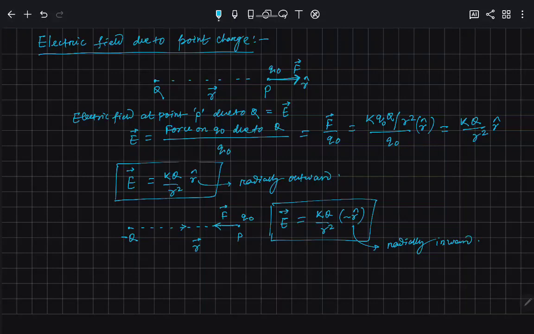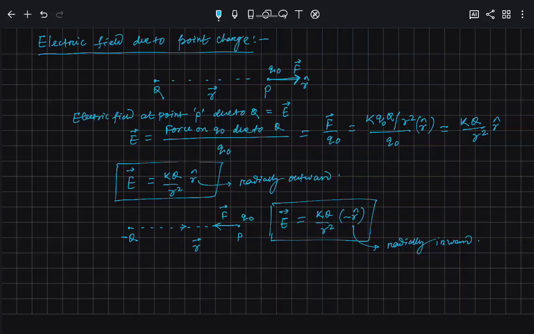So again I am repeating, the electric field due to point charge capital Q at a point P can be defined as the force on the charge Q naught by capital Q divided by Q naught.